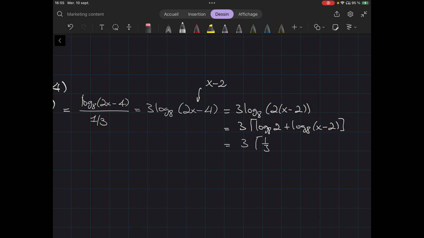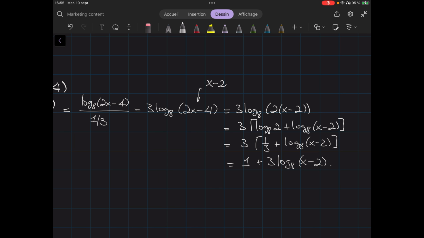And this will simplify to 1 plus 3 log base 8 of x minus 2.